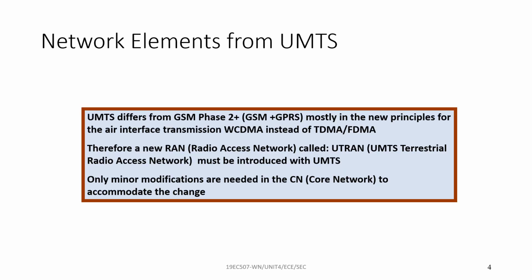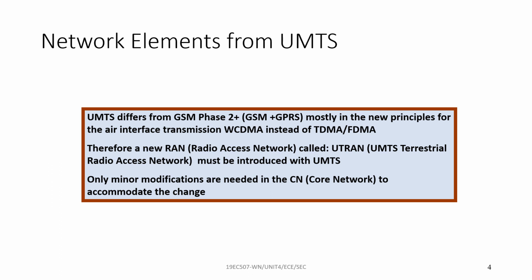Let us move on to look at the various network elements of UMTS. UMTS actually differs from the GSM band. Here it deploys TDD and FDD instead of TDMA and FDMA.